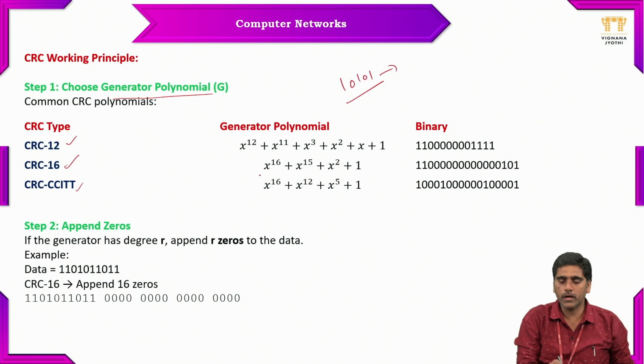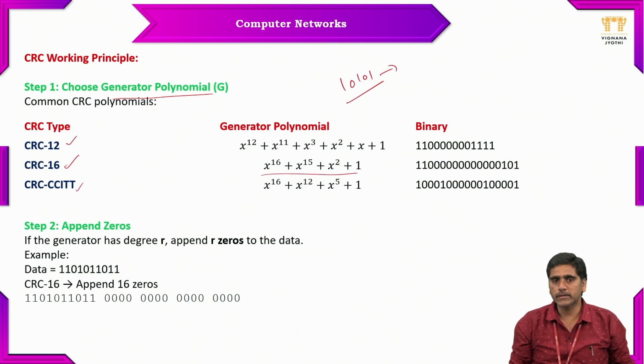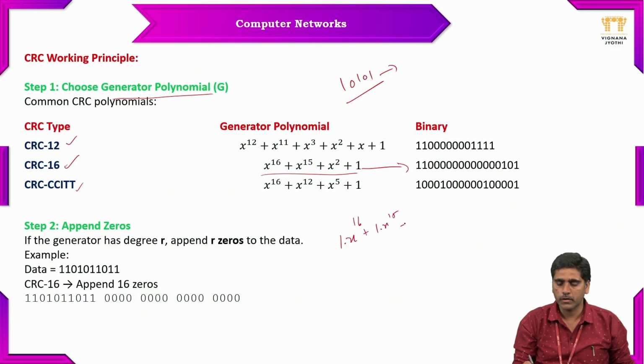The generator polynomial is x^16 + x^15 + x^2 + 1. It can be written as 1 times x^16 plus 1 times x^15 plus 0 times x^14 plus 0 times x^13 plus 0 times x^12, and so on, up to 1 times x^2 plus 0 times x^1 plus 1 times x^0.